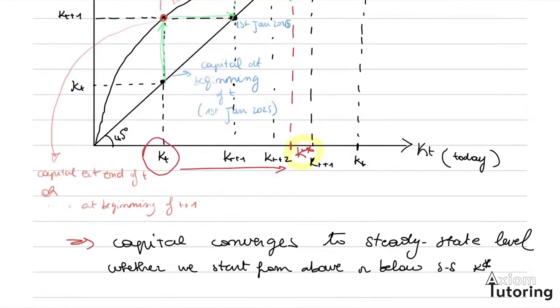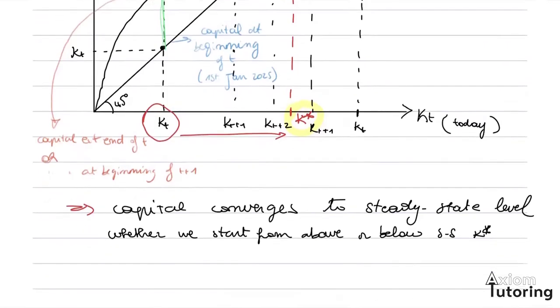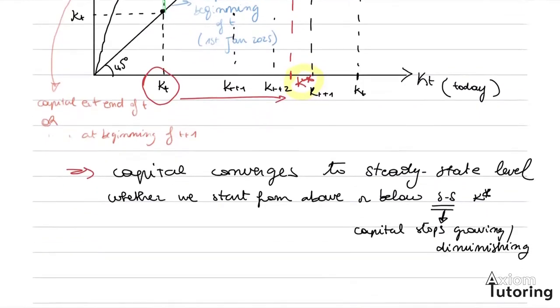So what does it mean to be in a steady state? It means that after accumulating or decumulating, capital stops growing or diminishing. It is constant across time periods.